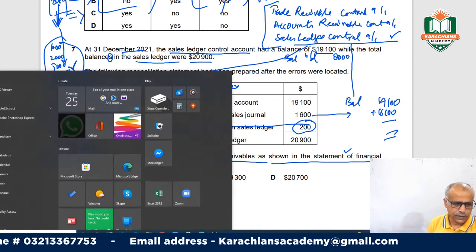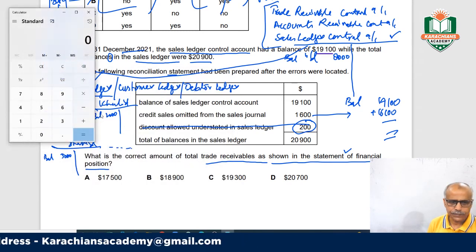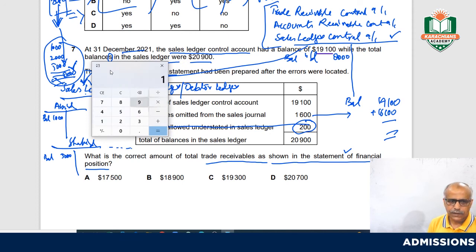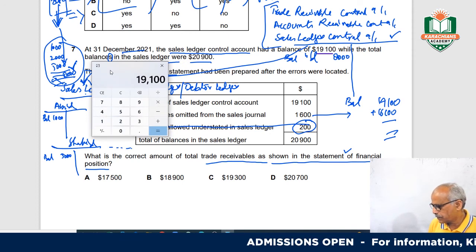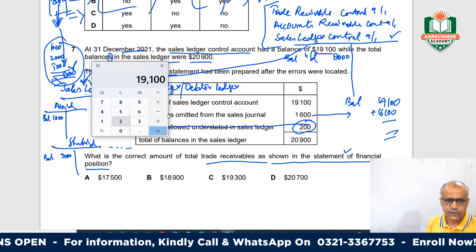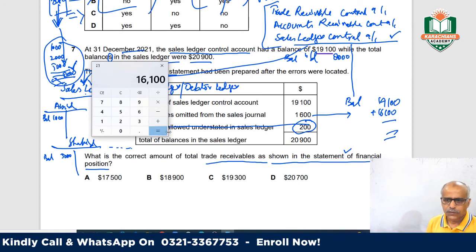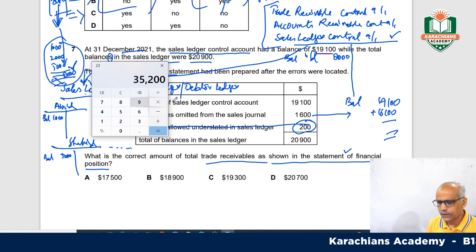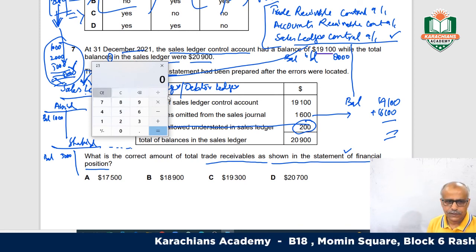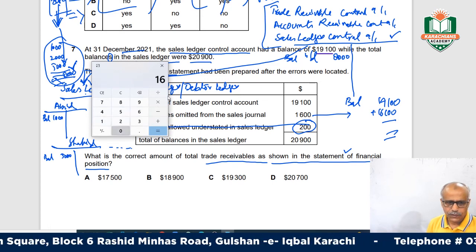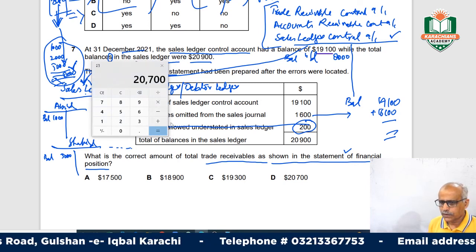Let me use my calculator: 19,100 plus 1,600.